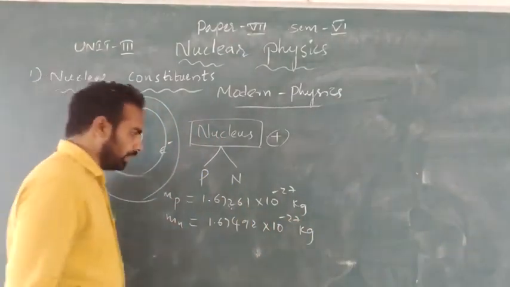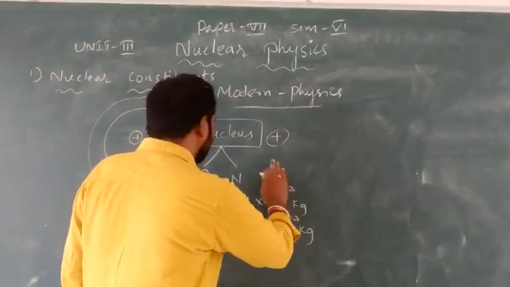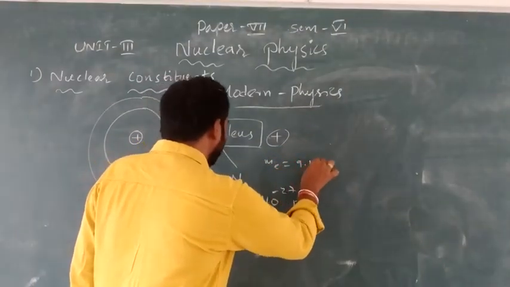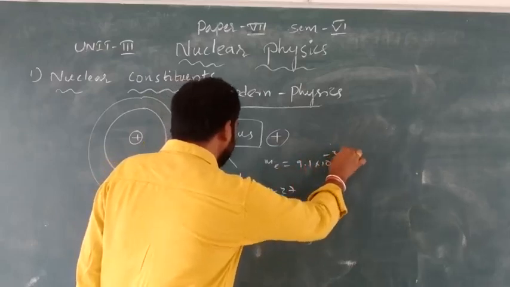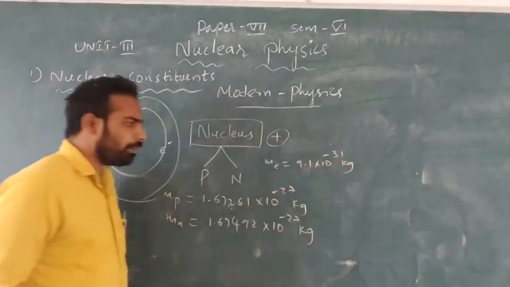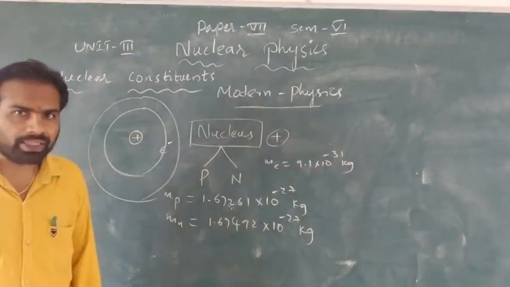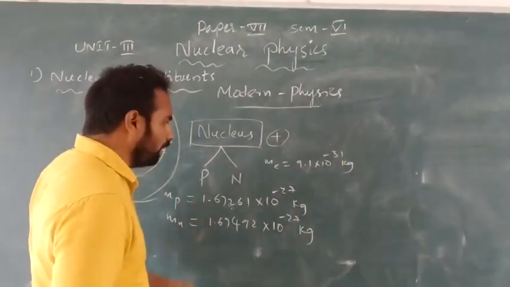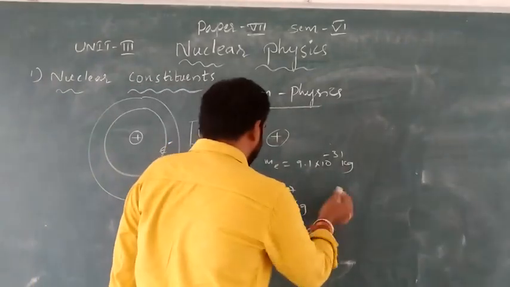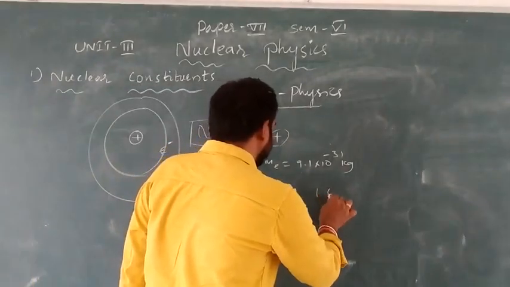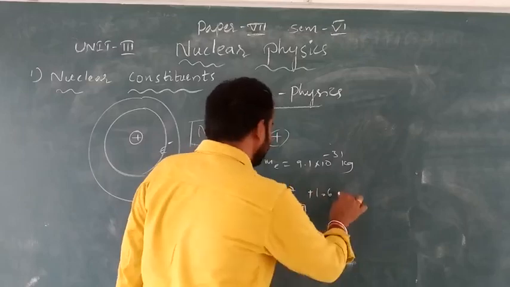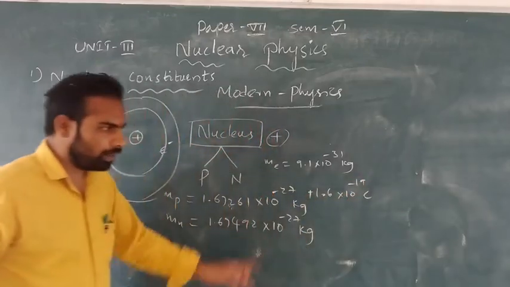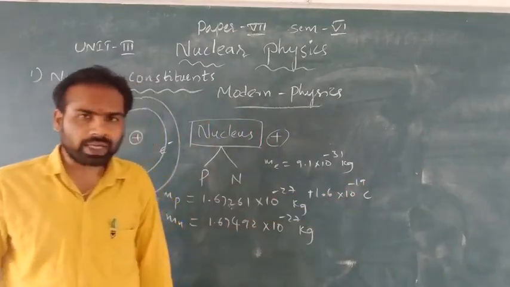What about the mass of the electron? The mass of the electron is 9.1 into 10 power minus 31 kg. And the charge of the proton is plus 1.6 into 10 power minus 19 coulombs.